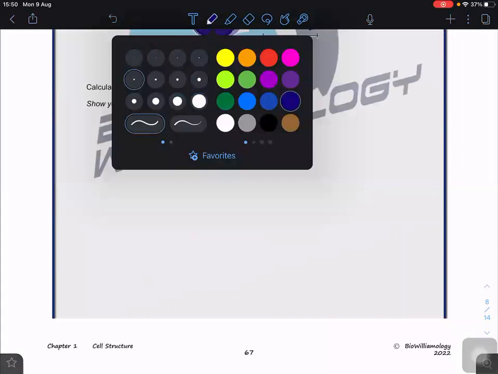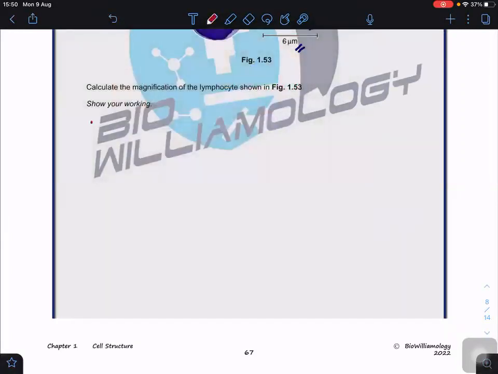what you're going to do here, let me show you guys. First step, you measure the scale bar in millimeter. Express it in 1 decimal point in millimeter.